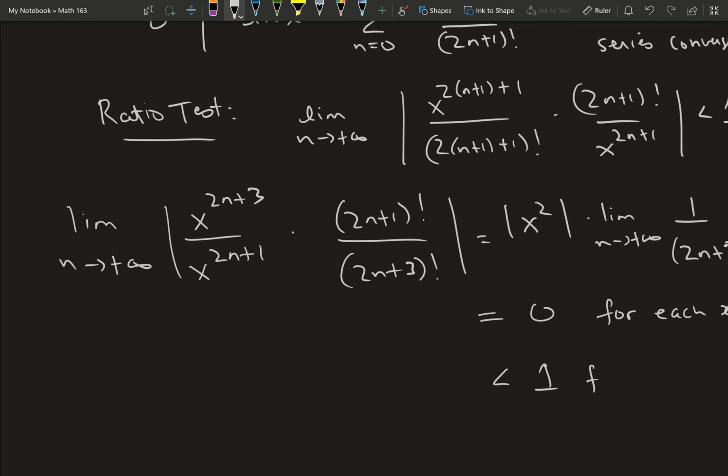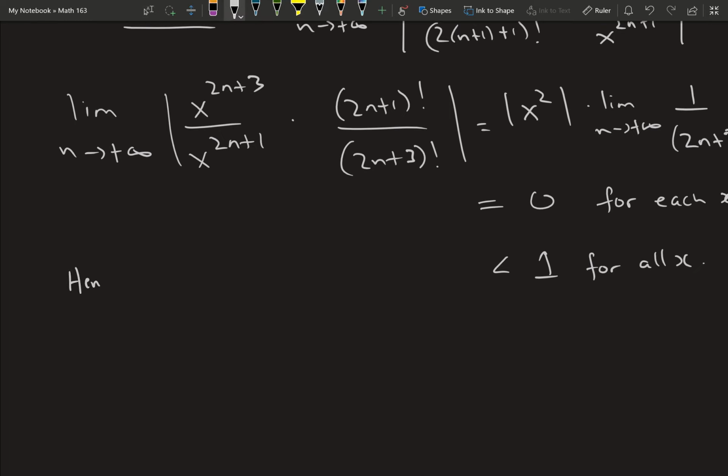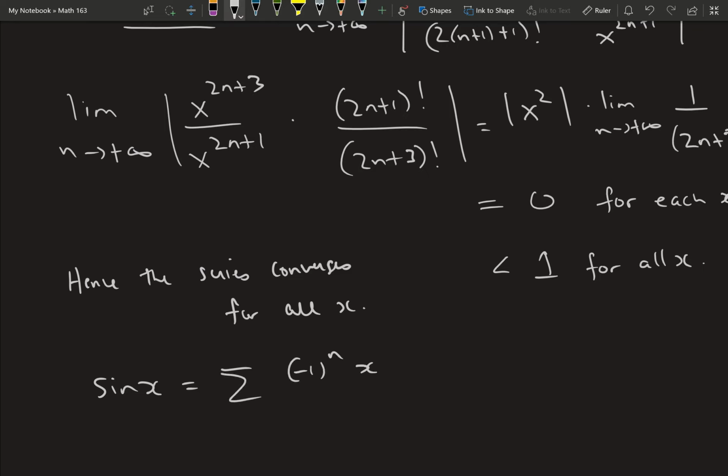So hence this series converges for all x. And so we have then that sine of x is actually equal to the sum of negative 1 to the n, x to the 2n plus 1 over 2n plus 1 factorial. Okay, so that's sine of x.